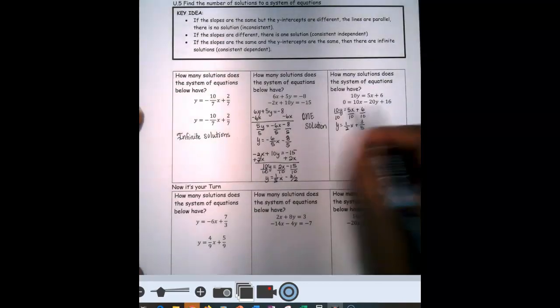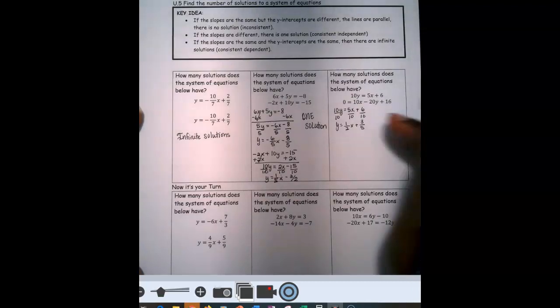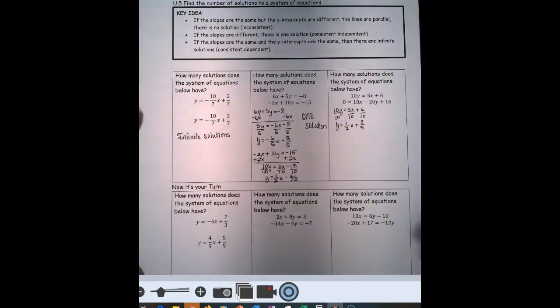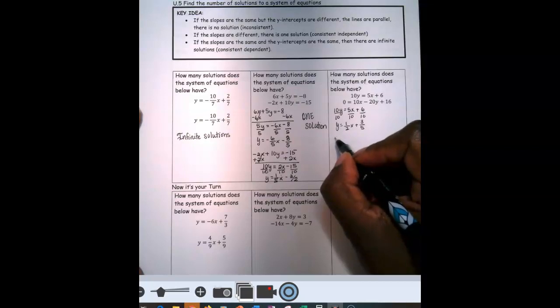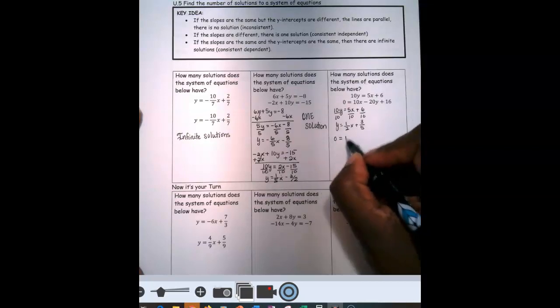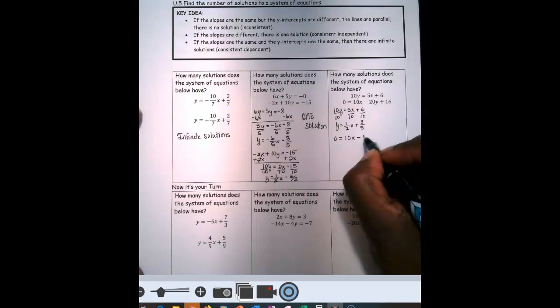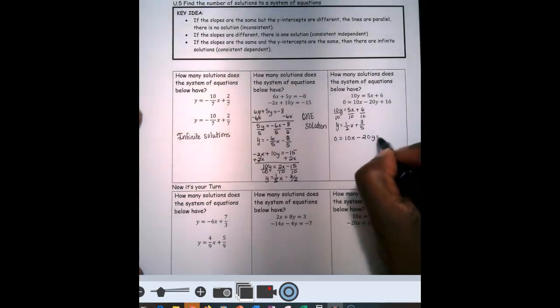Now the second line is a little bit more tricky because basically we have another form of standard form. Everything's on one side of the equal sign. We just want to get the y alone. So don't be afraid of this. If we know we need to get y alone, then we just move everything from the y side.